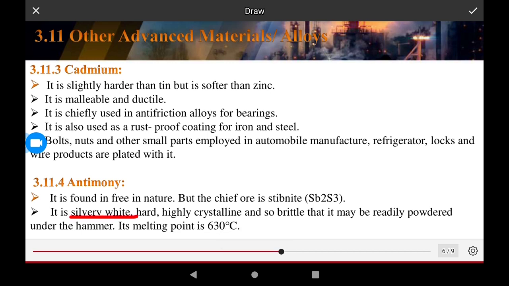It is a silver white, hard, highly crystalline, and so brittle that it may be readily powdered under the hammer. The melting point of antimony is 630 degrees Celsius.